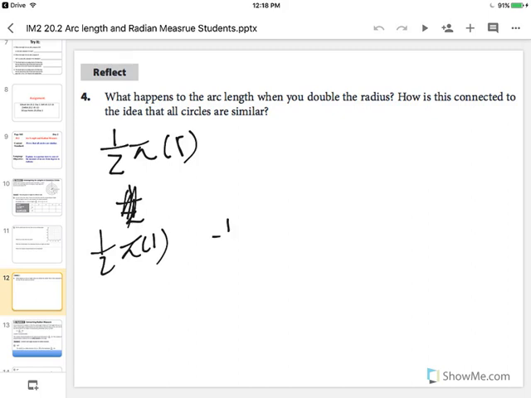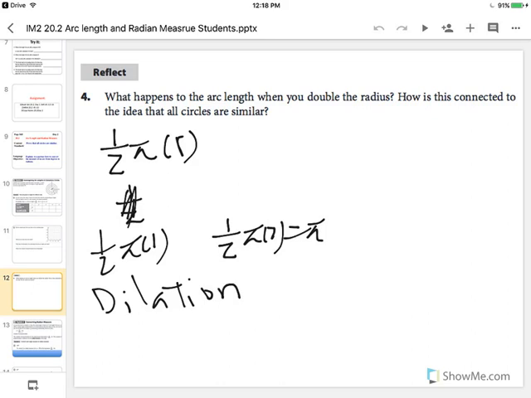When the radius is 2, it's 1/2 pi times 2, or pi. We see that this is in terms of our dilation. So we have pi over 1/2 pi, which reduces to 2, so the scale factor k is 2.